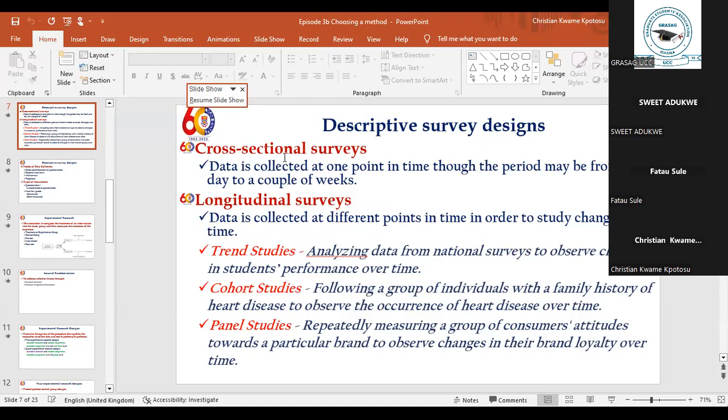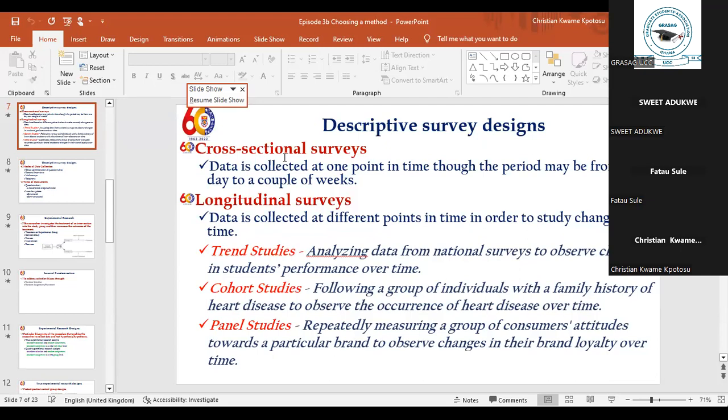Okay, Madam Aduke, you explained the cohort, the panel and trends. Yes. The cohort, good. For this cohort, these groups of individuals are identifiable with a particular characteristic.